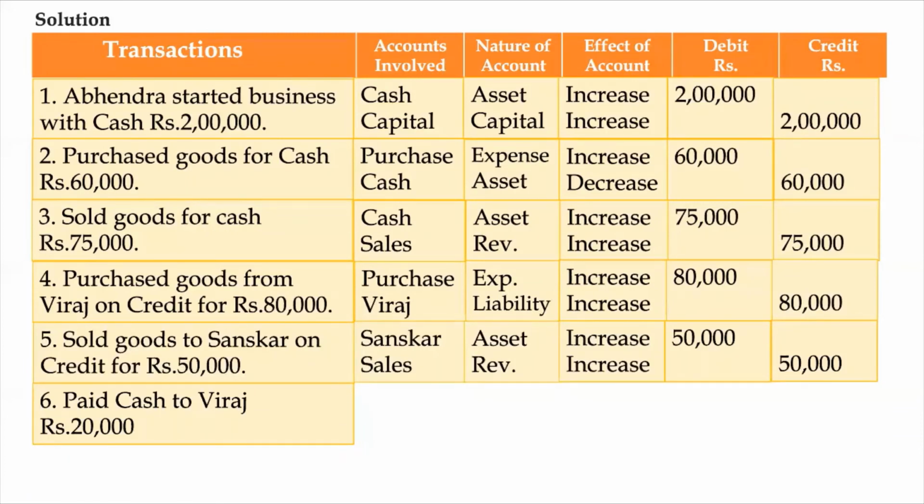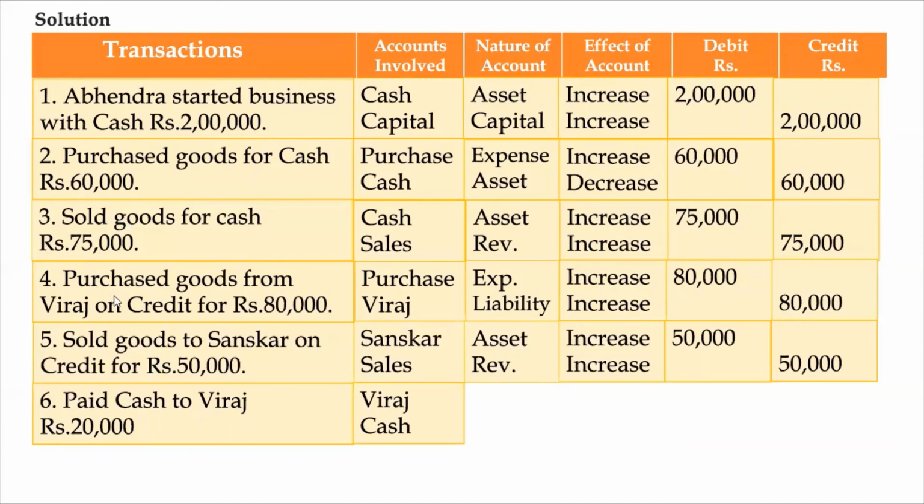So here, which two accounts are involved? First one is Viraj's account and the second one is cash account. So Viraj account is involved and cash account is involved. So here Viraj is what? Viraj is our liability.